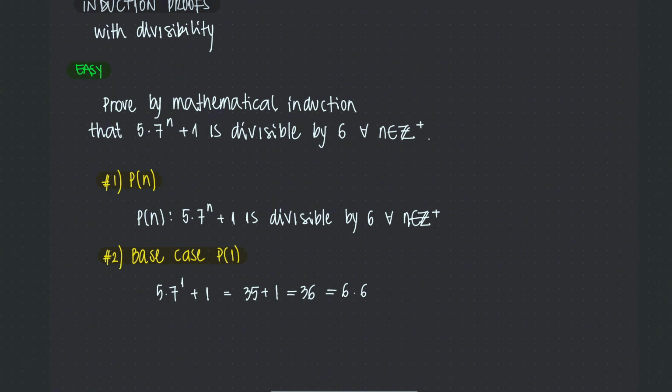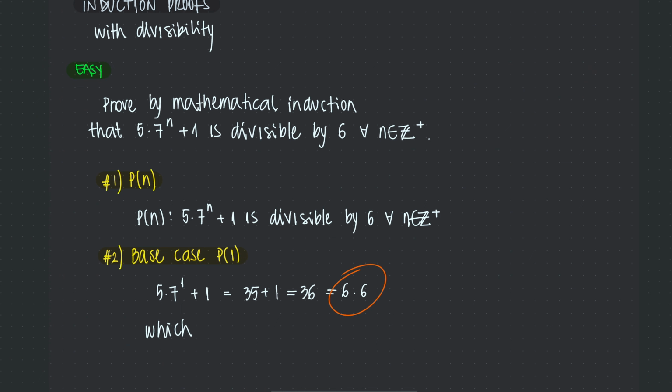I wrote it like this to make it clear that 36 is divisible by 6, which of course it is. Being able to write it as 6 times something, in this case 6 times 6, shows that we have a multiple of 6, which shows that 36 is divisible by 6. Therefore, the base case holds.